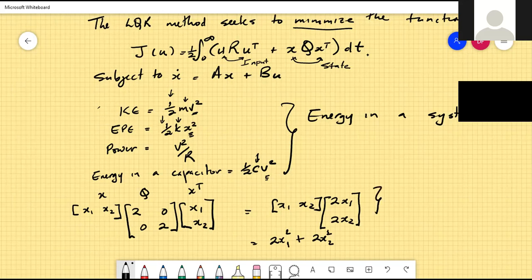this x transpose Q x represents the energy of the states of the system.